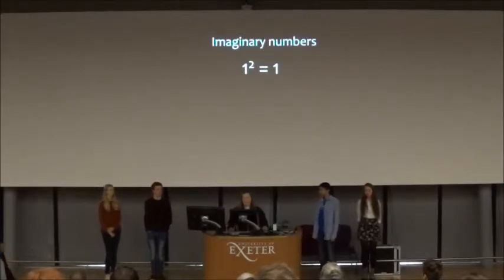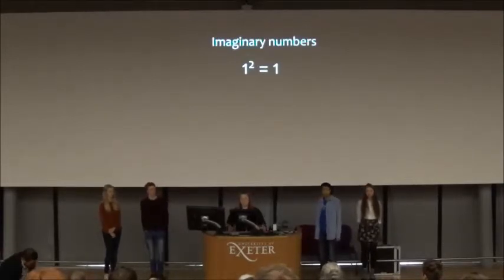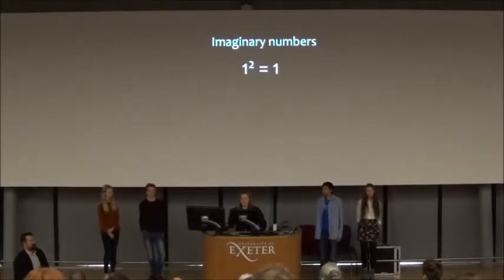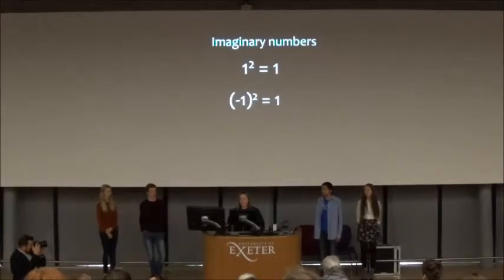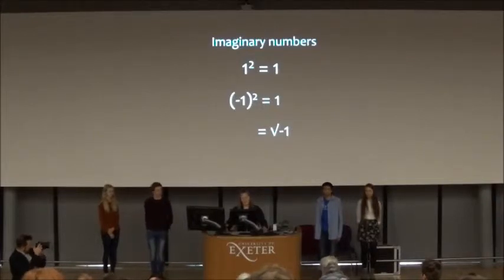So I will talk about imaginary numbers and complex numbers, which are a pretty big part of the Fourier transform. When we square 1, we get 1. When we square minus 1, we also get 1. So what can we square to get a negative number? Well, if we take the square root of minus 1 and then square it, we get minus 1. We call this number i, the imaginary number.